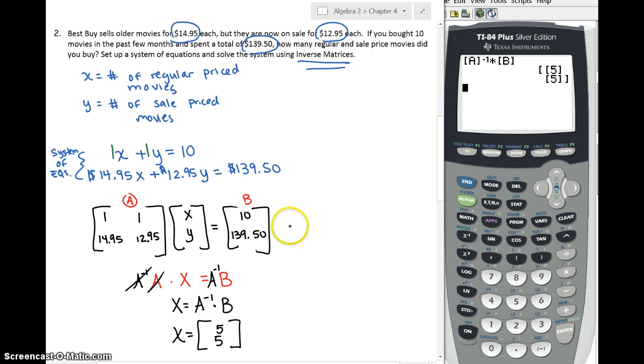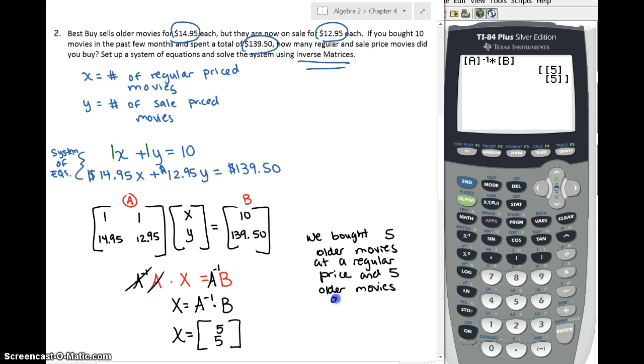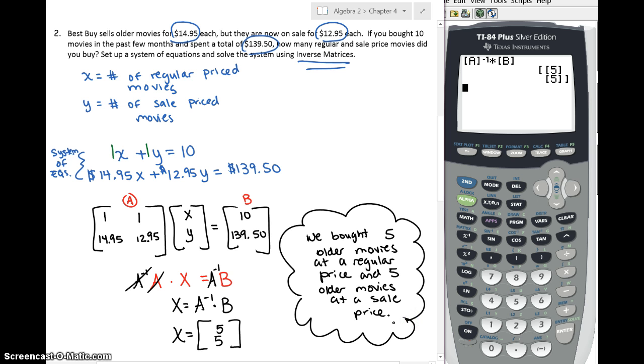Well, that means that we bought 5 older movies at a regular price and 5 older movies at a sale price. All right, so that's our total of 10 movies that we bought. So half of them were on sale and half of them were on regular price.